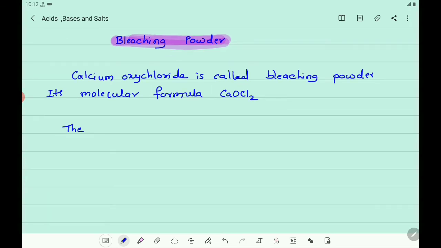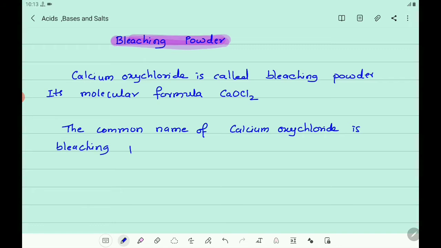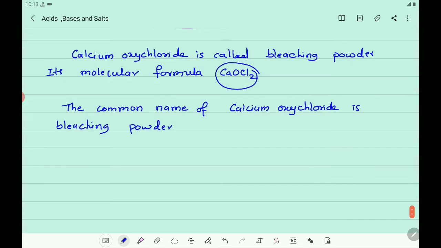The common name of calcium oxychloride is bleaching powder, and its molecular formula is CaOCl2.